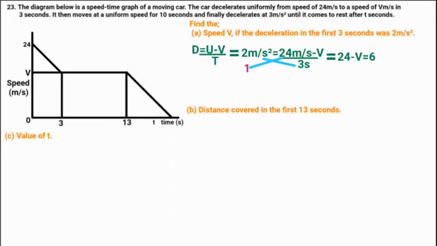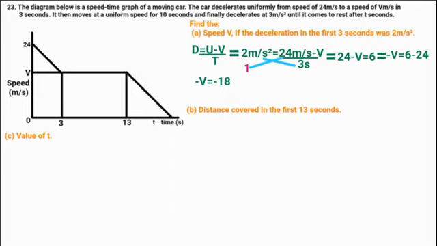Then I'm going to put like terms together, so I'm going to write negative v is equal to 6 minus 24. Okay, 24 is crossing the equal sign, it's going to become minus. Once we do that, I'm going to find the value of 6 minus 24, which gives me negative 18.